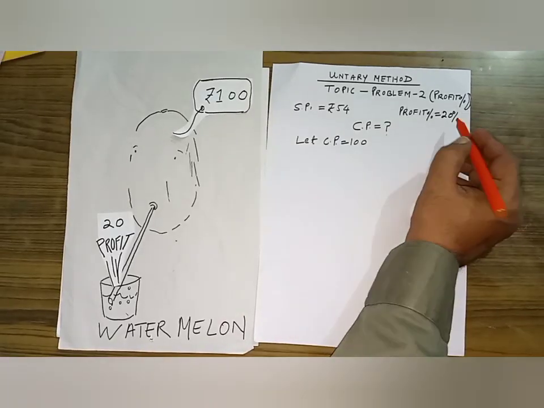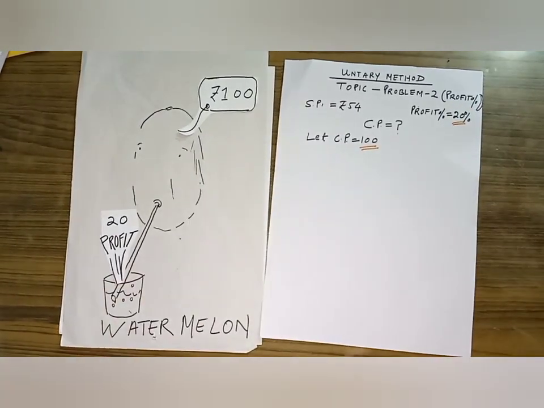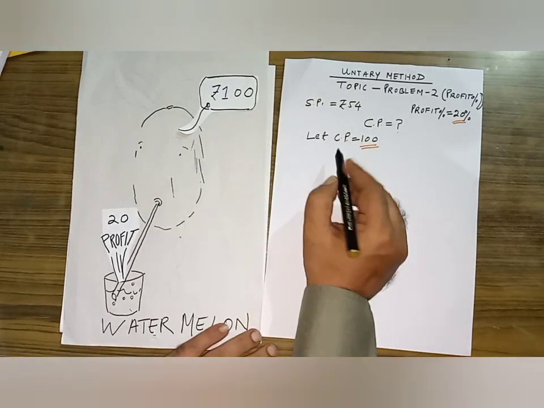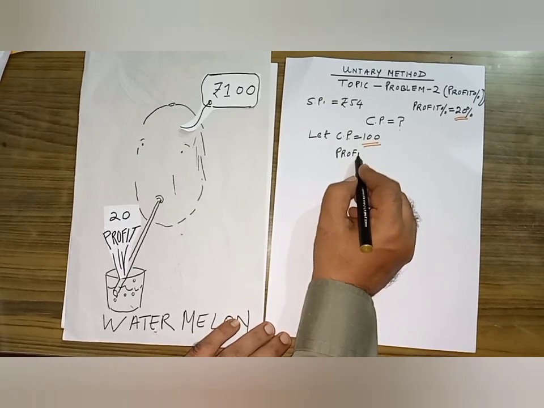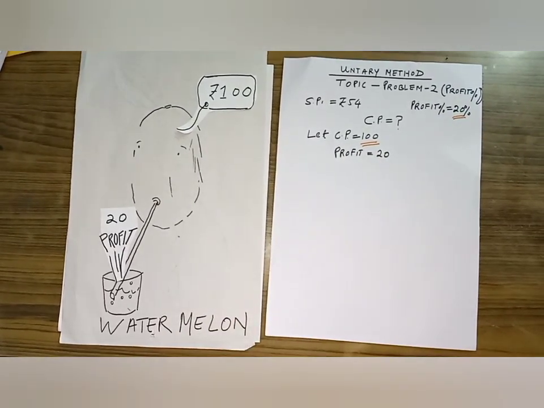See, everybody knows assumptions have their implications. See friends, 20% of 100 is 20. So we can very easily write here profit for rupees 100 will be 20 only.